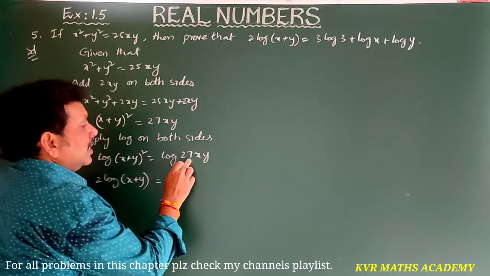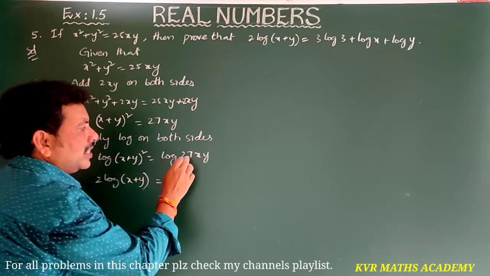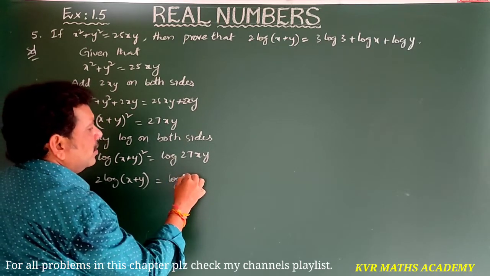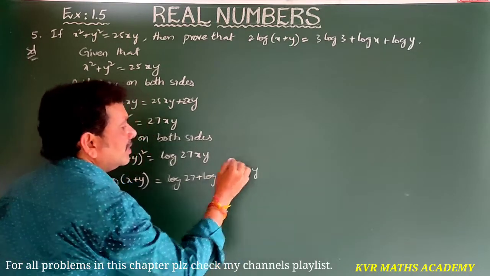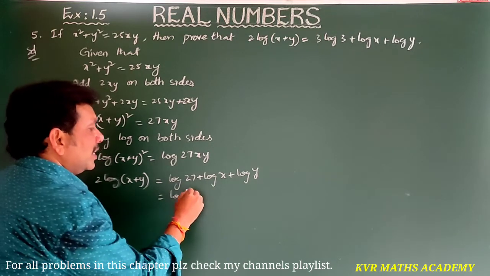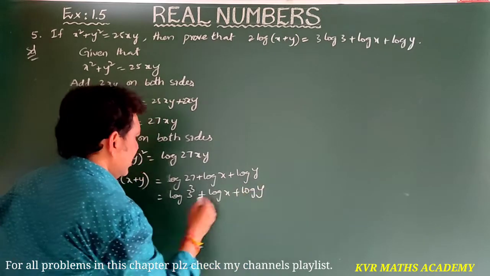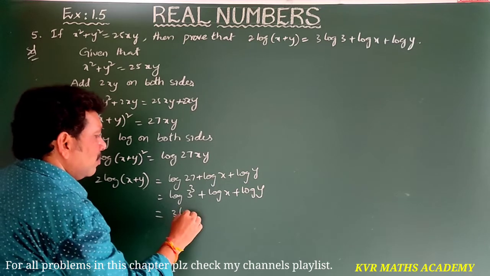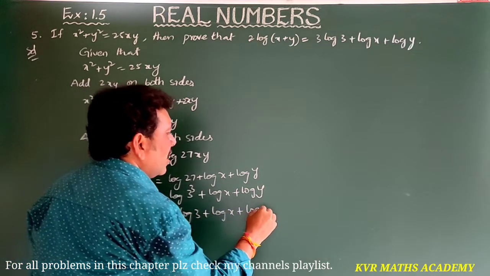That is equal to log 27 into x into y, which will be log 27 plus log x plus log y. So that is equal to log of 27, which means 3 cube, plus log x plus log y. Using m log x, this will be 3 log 3 plus log x plus log y.